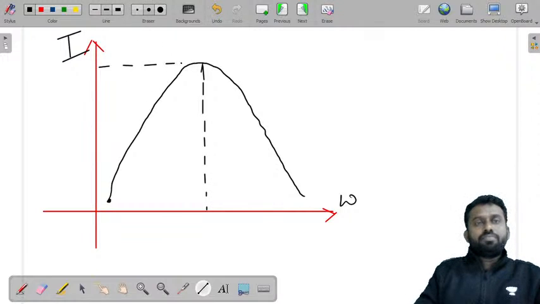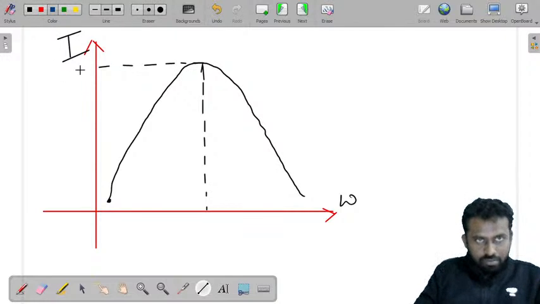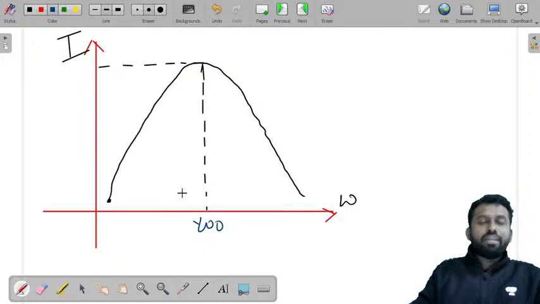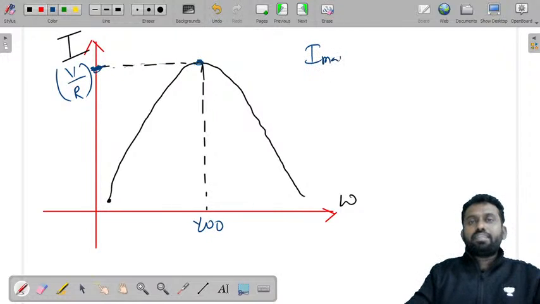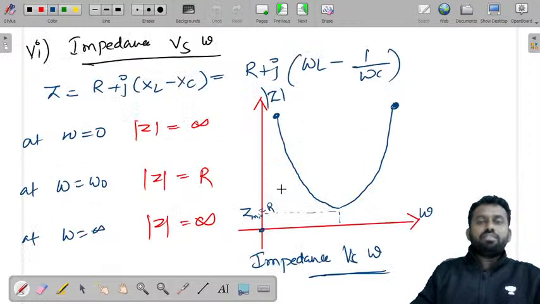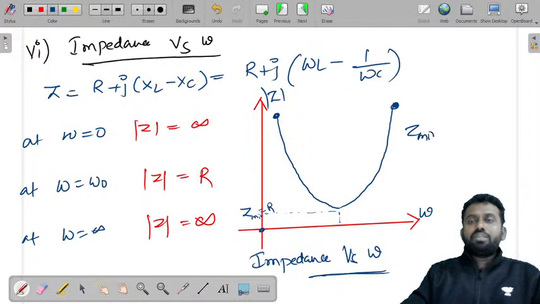At omega naught, what is the value of I? It is V by R, the maximum value. So I maximum is equal to V by R. Here Z minimum is equal to R.